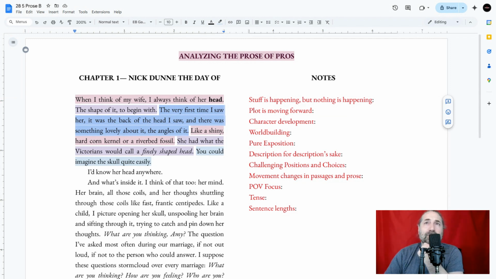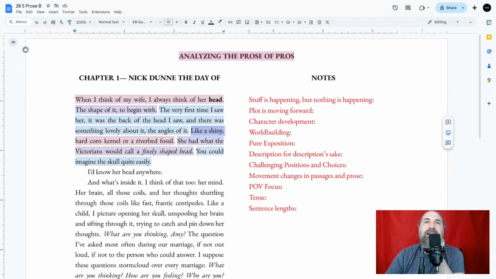So the movement is I always think of her head. We follow that by what is it about the head? Well, it's the shape. Well, what about the shape? Well, the shape reminded him of the very first time I saw her. It was the back of her head I saw, and there was something lovely about it. Well, what was lovely about it?